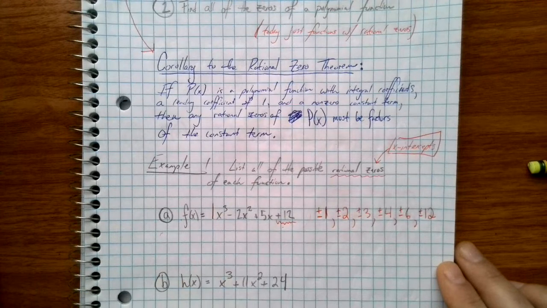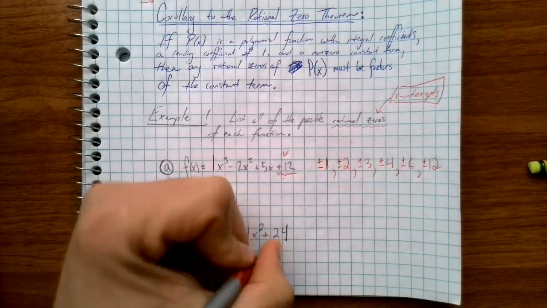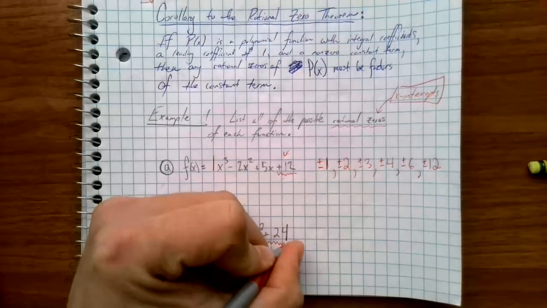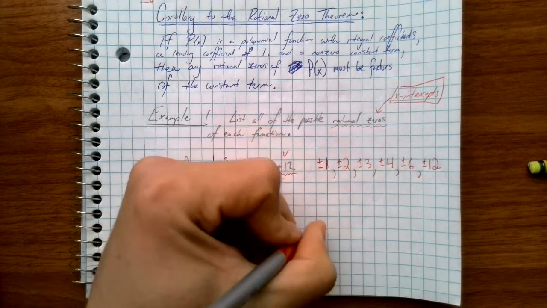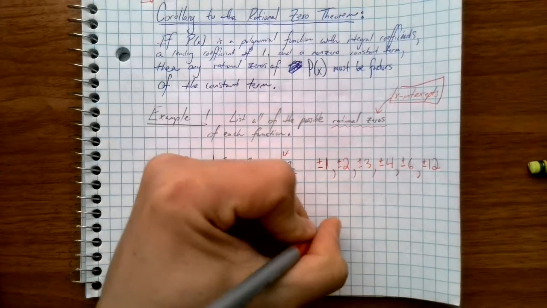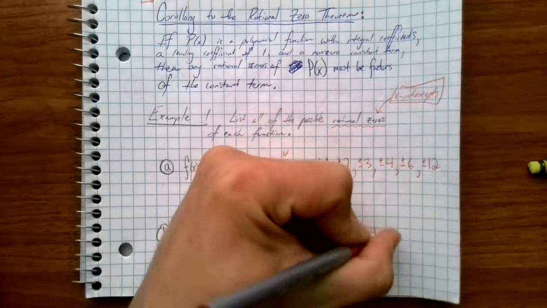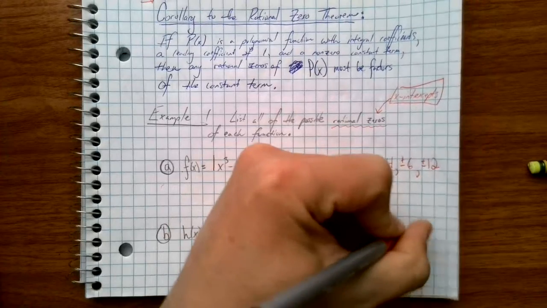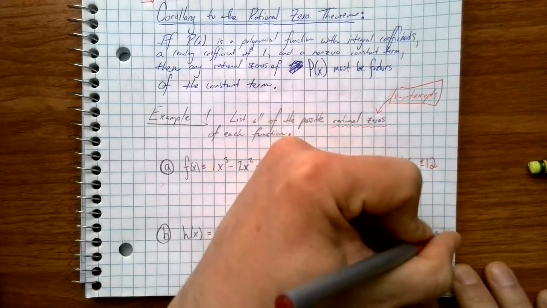So when we're asked to list the possible rational zeros of each function, all we're doing is listing the factors of our constant term. Just to do that one more time, the possible rational zeros of this function are simply going to be the factors of that constant term, which in this particular example is 24.